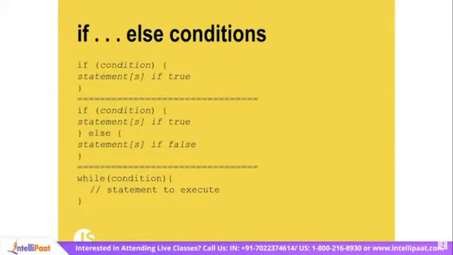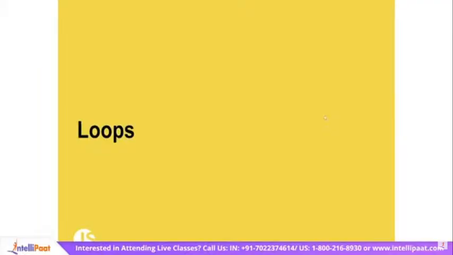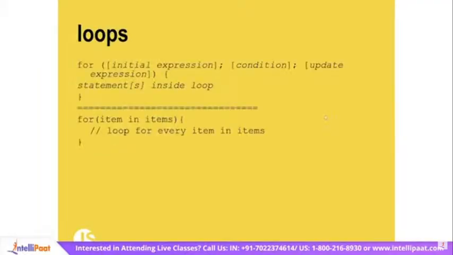So you know how to use an if condition. You have now while, which actually is a loop which takes a condition. That is why I've put that inside this condition. But while is basically a loop. So while a condition matches, you basically execute some program. Then we have some loops. So you have a for loop, and this for loop is something that we have already discussed in the array, correct?